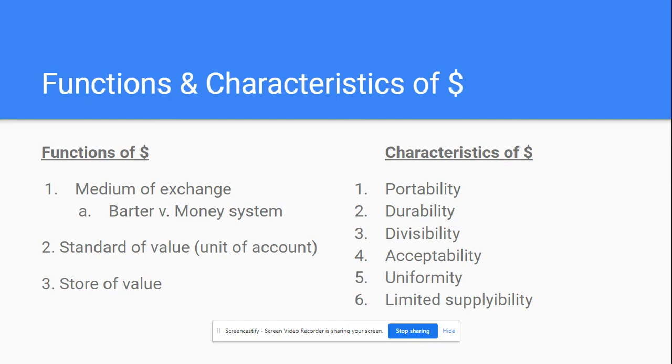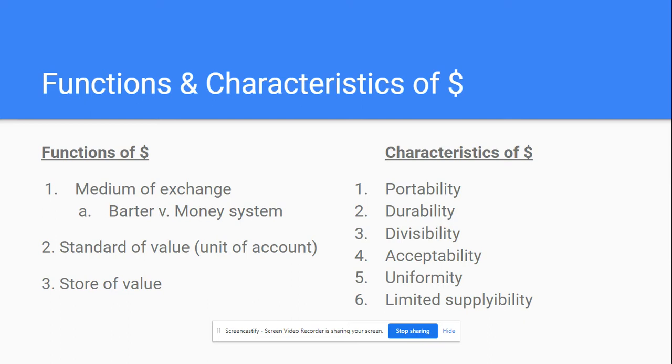I mentioned in 1A there, it says barter versus money system. Our economy today works in a money system. In older times, we used what was known as a barter system, in which you would trade certain goods or services for other goods or services. And the problem that you run into there is that the barter system involves higher costs to trade each thing.